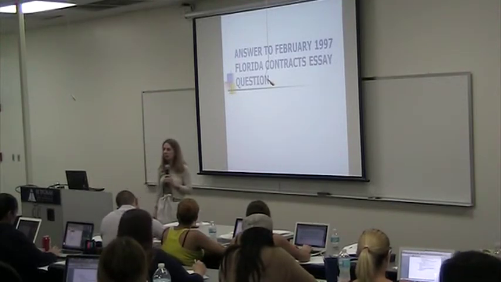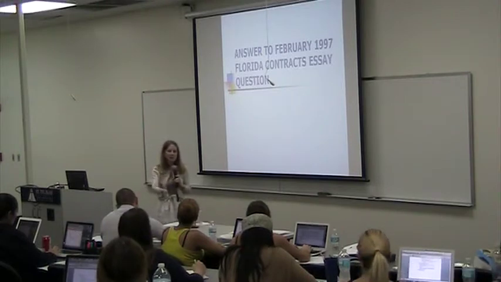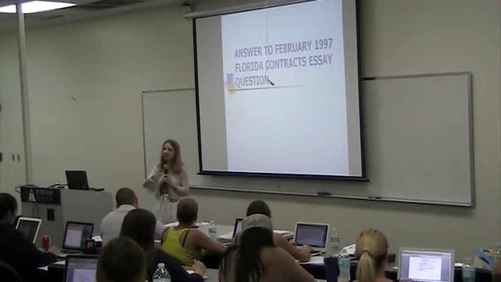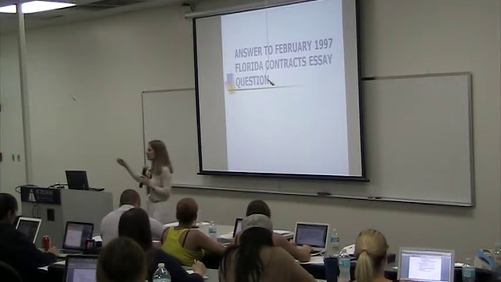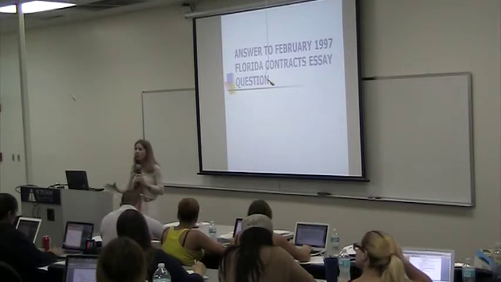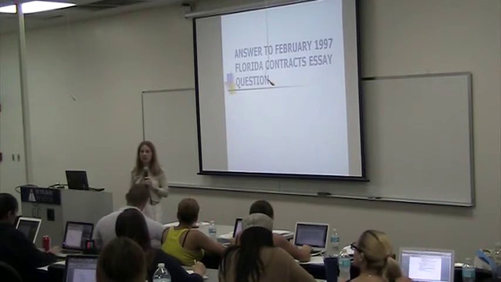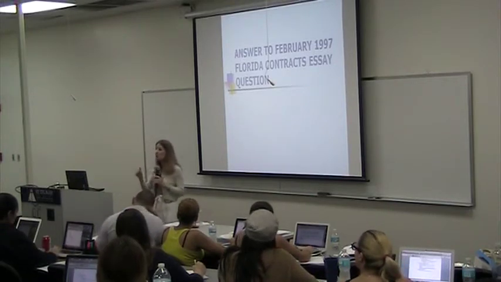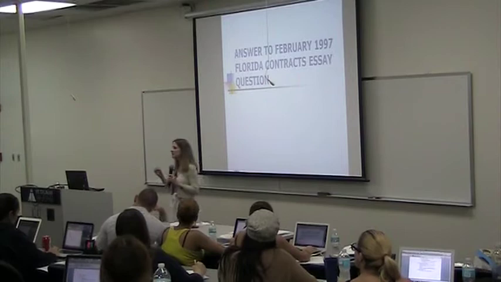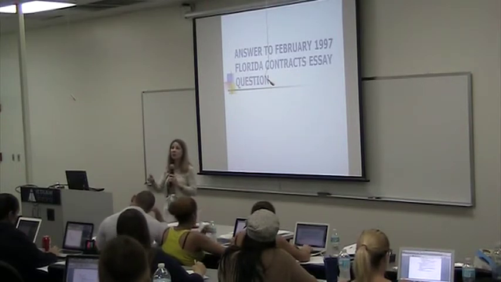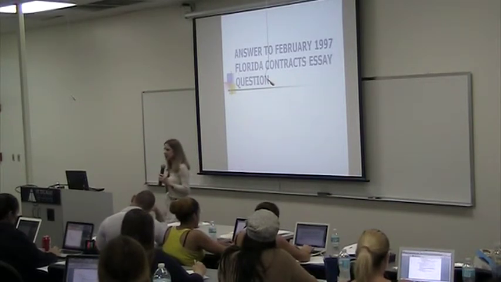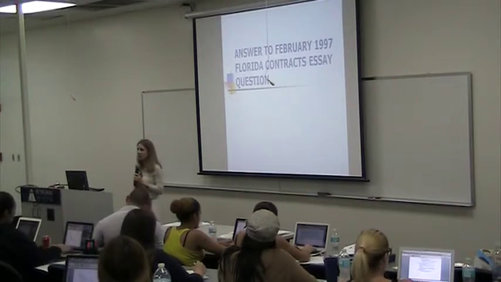Am I going to analyze Sam versus Ann, Sam versus Beth, Sam versus Carl, do the full analysis for each separately, or am I going to do some group analysis? Both approaches can be appropriate. You have to decide up front, and you'll see the same thing when we get to torts. A little bit of tactic before you start to write.